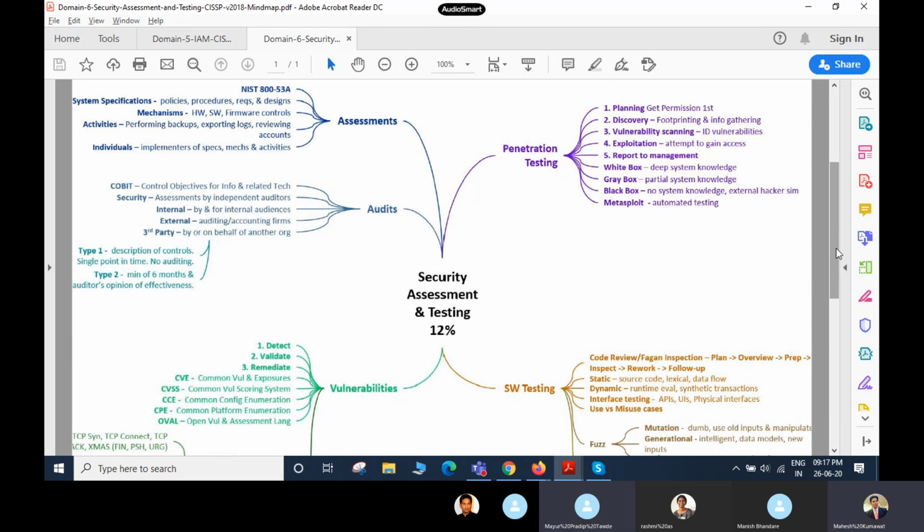Mayur here. While we do an internal audit, there may be a conflict of interest or some other problem. While auditing from a third party, the problem does not arise, and the third party will thoroughly check the systems.